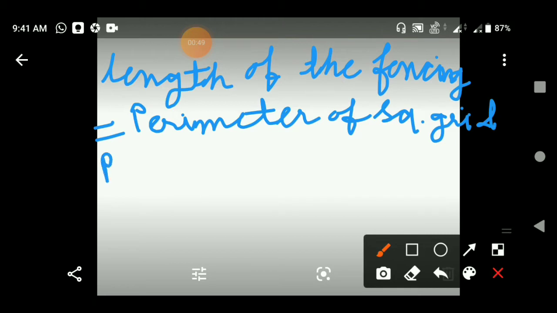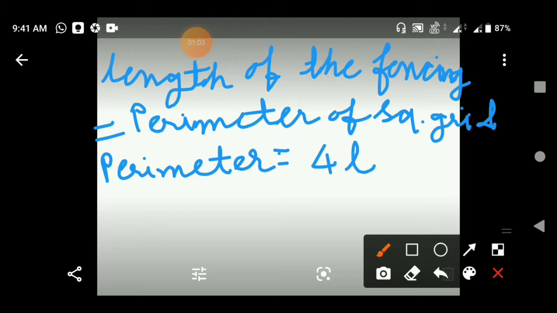So here we can use the formula to find out perimeter. So perimeter of square is equal to 4L, that means 4 into length. Here perimeter is given 20 meter and length is not given, that we have to find out here. So 4L, here is given 4 into L. But when we interchange 4 to the left side, 20 will be divided by 4.